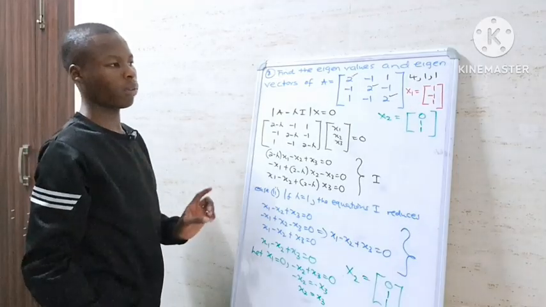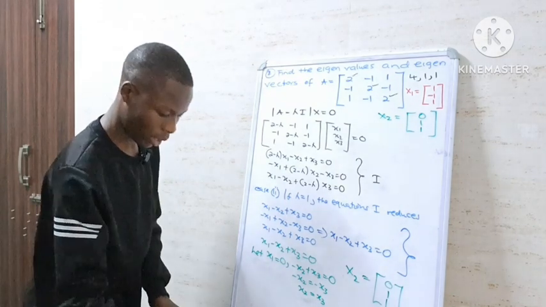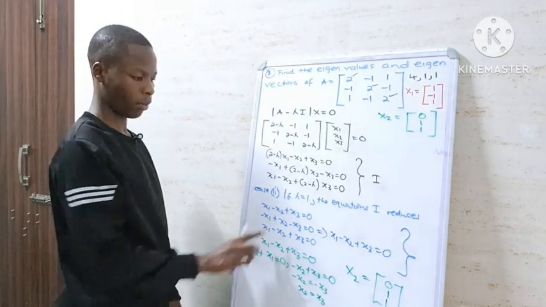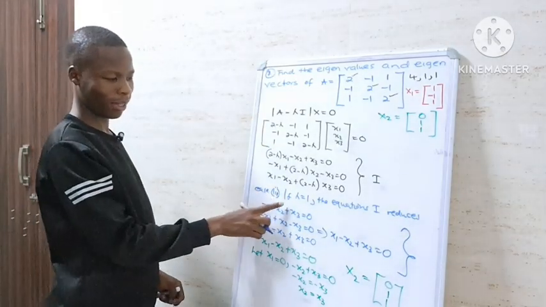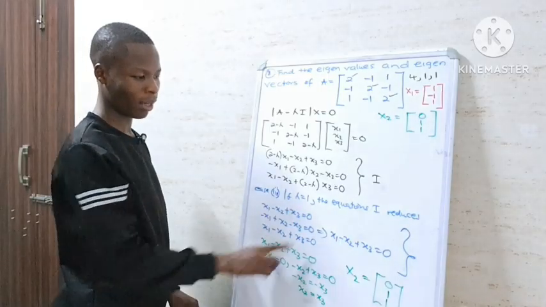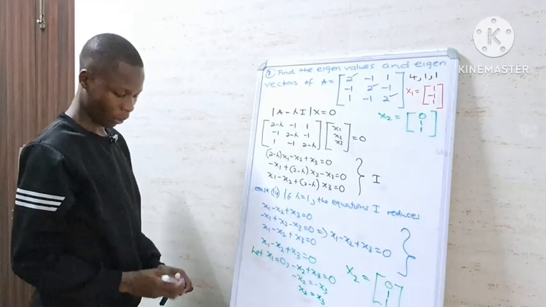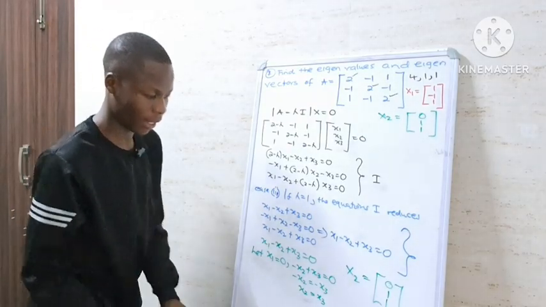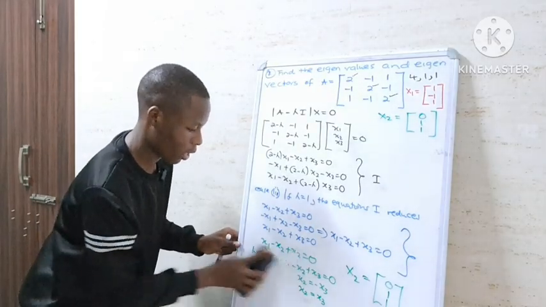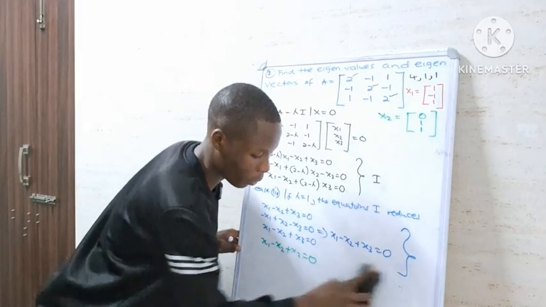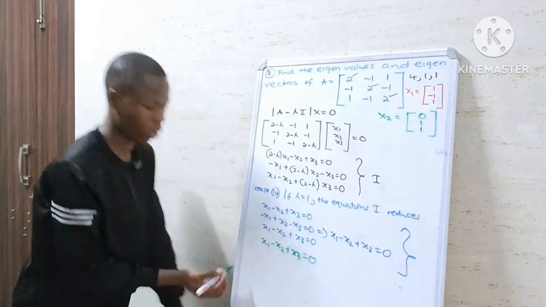Now we want to find the third eigenvector. Case number 3, it's the same. If lambda is equal to 1, I'm going to add an I. The equation becomes this. I'm going to take one equation again, but now, in case number 2, I assigned the value 0 to x1.